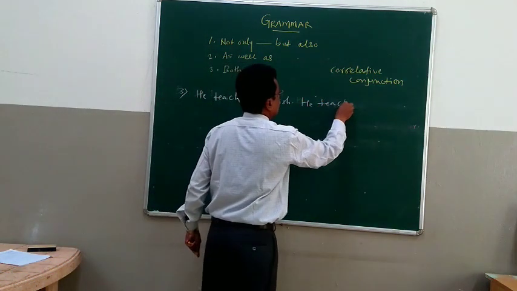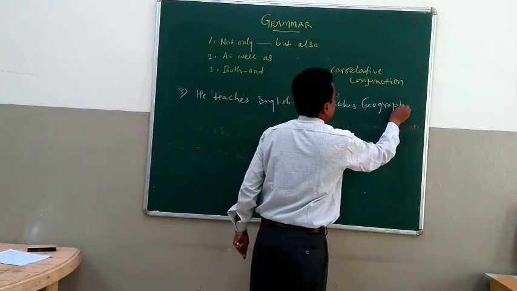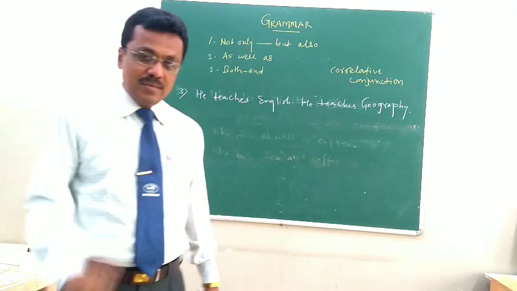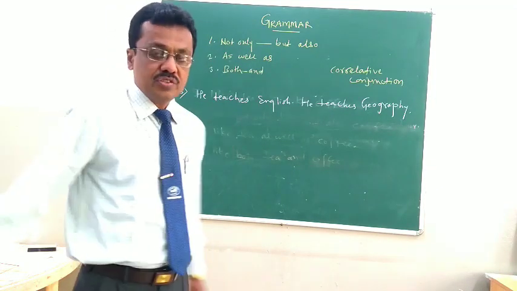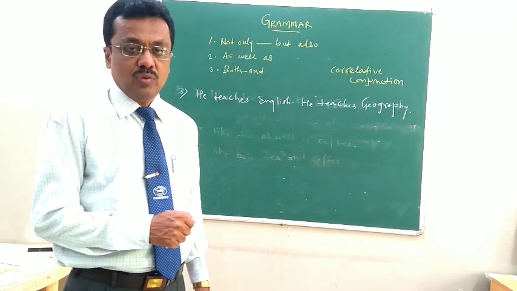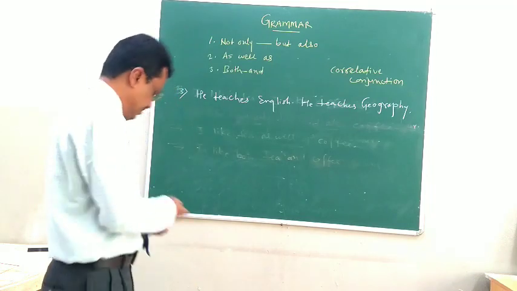He teaches geography. There are two sentences again now. Some changes you can notice. Now there is no helping verb. There is one verb. He teaches English. One sentence. Second sentence is he teaches geography.